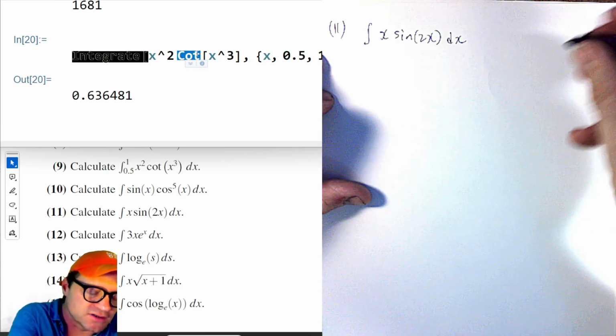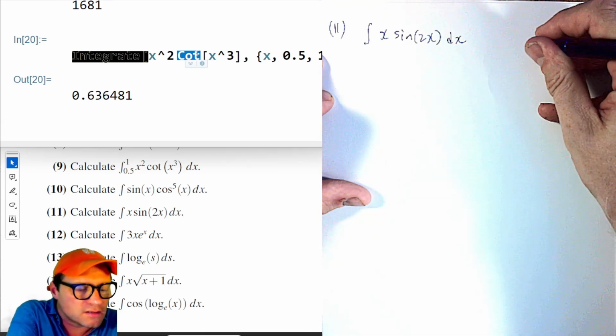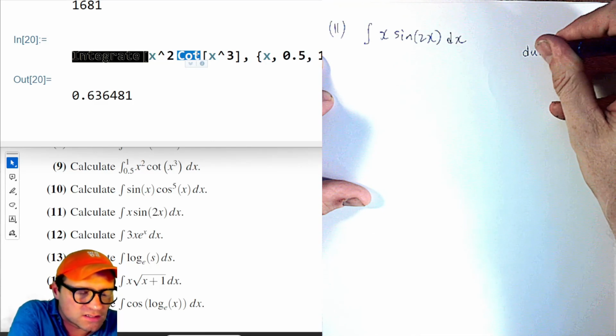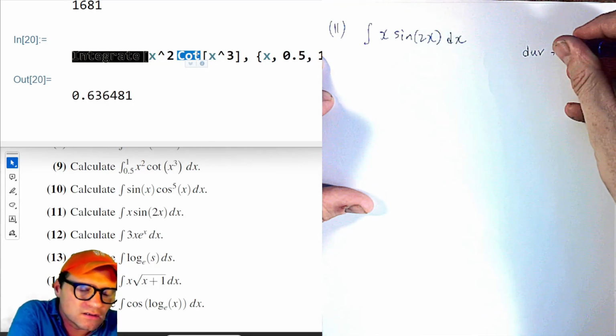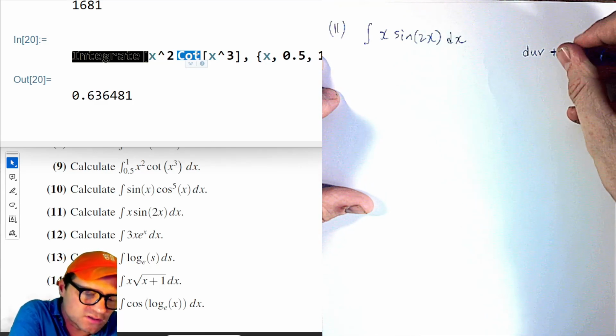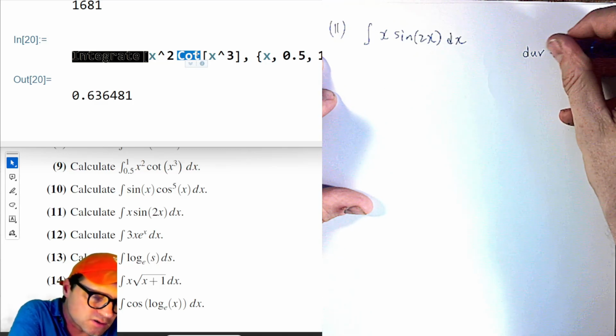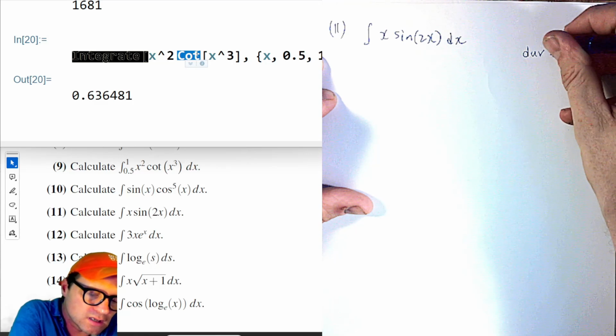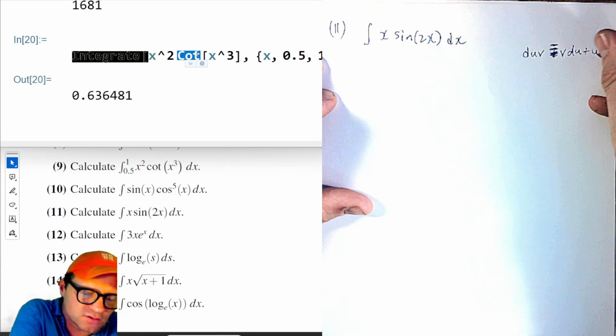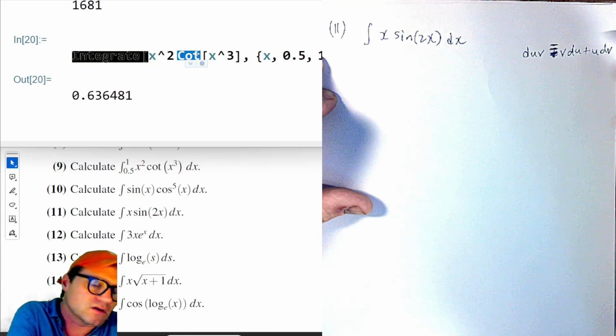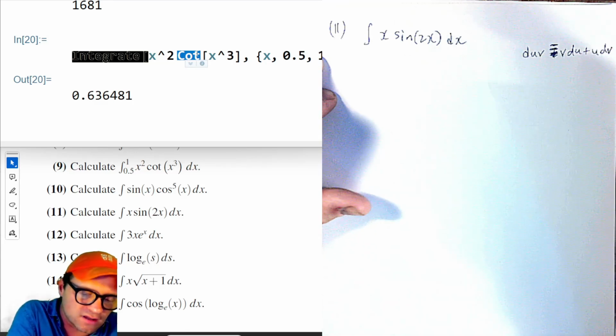Okay, so what I'm going to do is recall how this comes about. Similar to the product rule of differentiation, I should write d(uv) equals v du plus u dv. Okay, and then we take one over to the other side.